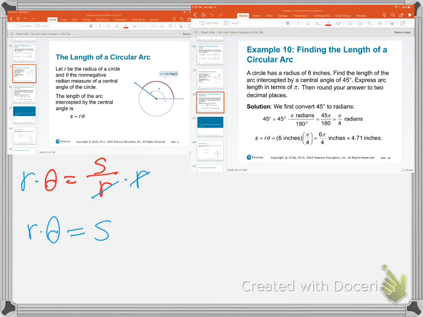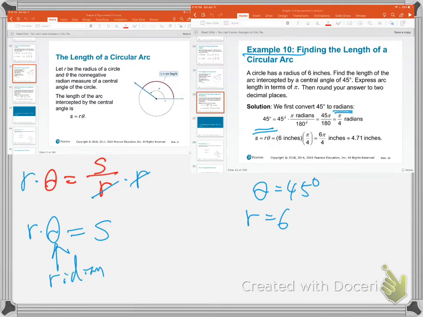Here is an example about finding the arc length. We know theta is 45 degrees and the radius is 6. We want to find the arc length. First we have to change 45 degrees to radians. This is the definition of radian measure.